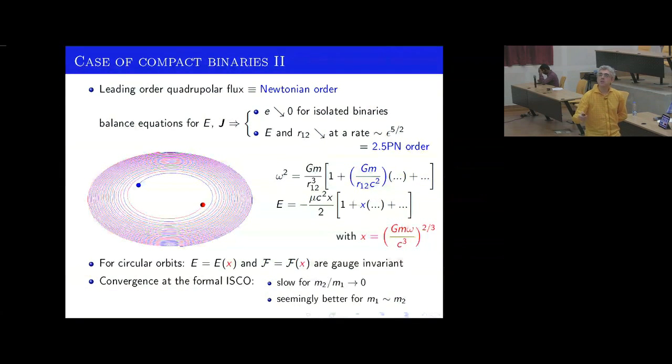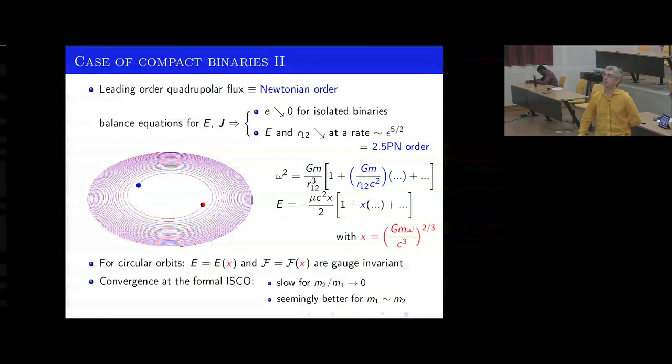As everybody knows, because of the balance equations for E and J, due to gravitational wave emission, the eccentricity of the binary system goes to 0 for isolated binaries, and the energy, and therefore the separation decreases at a rate corresponding precisely to the second and half post-Newtonian order, epsilon to the fifth half power.